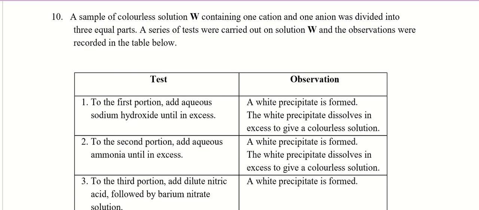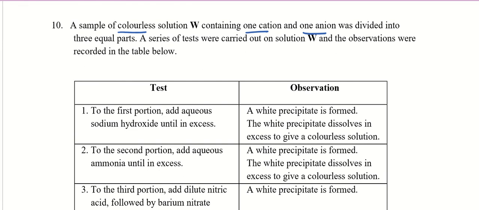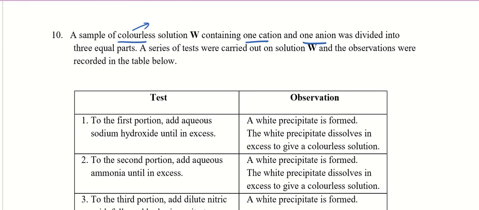Number 10. A sample of colorless solution W containing one cation and one anion. So already we know that it's one cation, one anion, and it is a colorless solution. Now, if it's a colorless solution, generally we can eliminate the colored ions, typically Fe2+ and Cu2+, because these are colored.